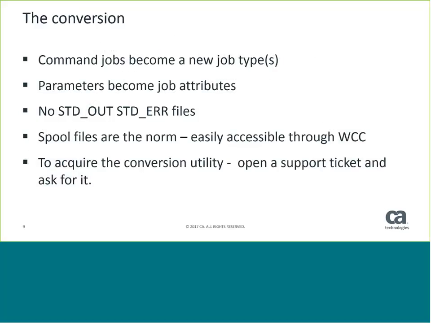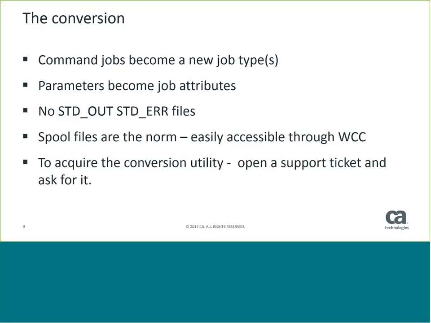All right, so what's involved in this conversion? Well, the command jobs as they exist, if you look at, and I'm going to use AutoSys most of the time, but the same is true for CA 7. They're command jobs. The command says SAP job, auto_PS7. Those command jobs become the new job type. So their JIL changes completely. The command goes away.